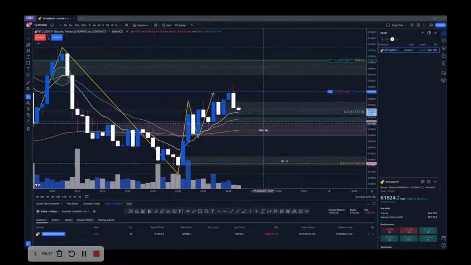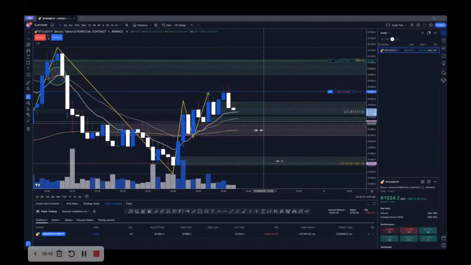Three seconds. Okay, next candle. We do have a bearish order block here we have to break through. But it's a small one, so I'm not too concerned.